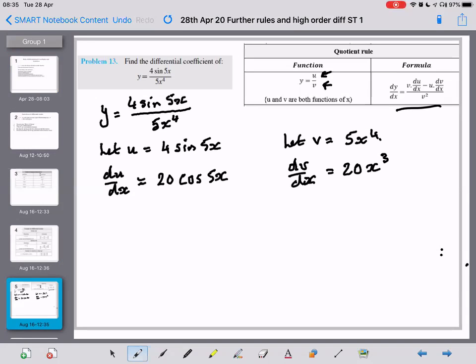Okay. So now we've got everything we need to put in this quotient rule formula.